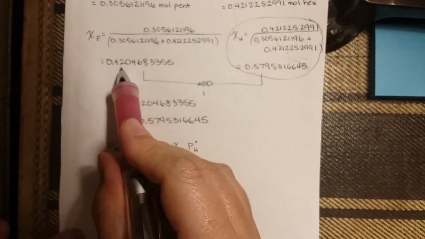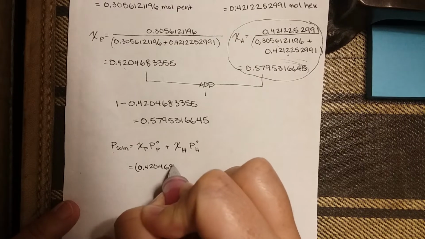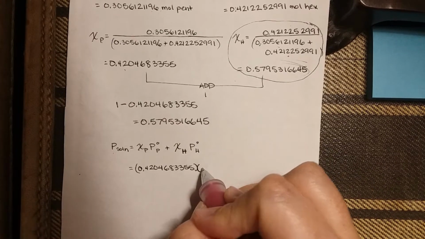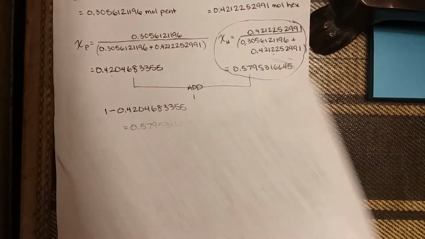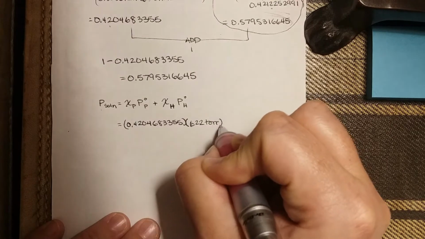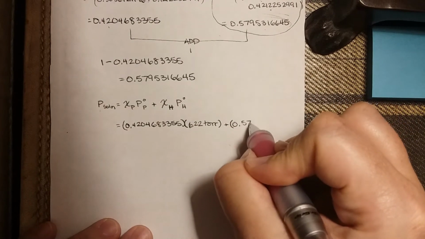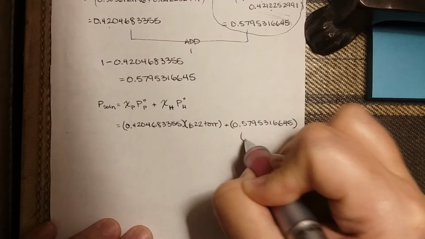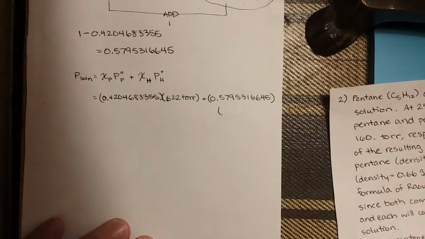So our mole fraction for pentane was 0.42046833355 times the pressure they gave us way back in the beginning, 622 torr, plus our second mole fraction, 0.57953166645 times our pressure for hexane, 160. torr.